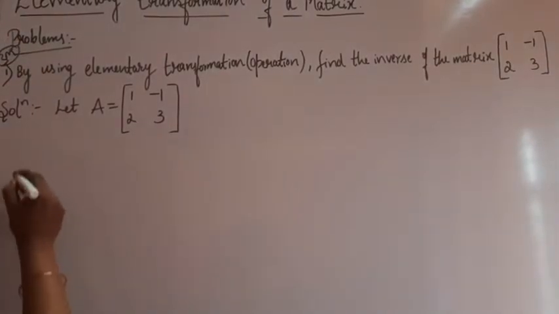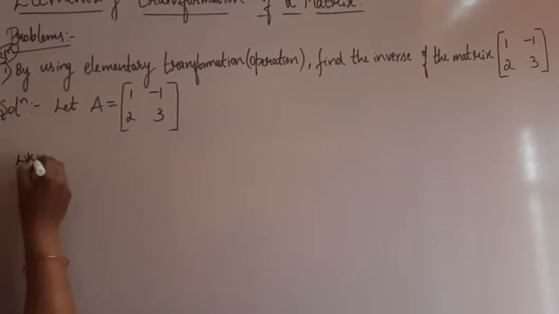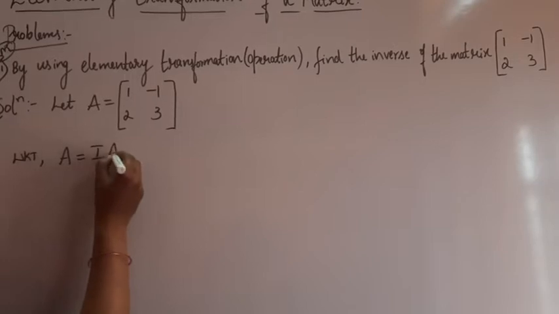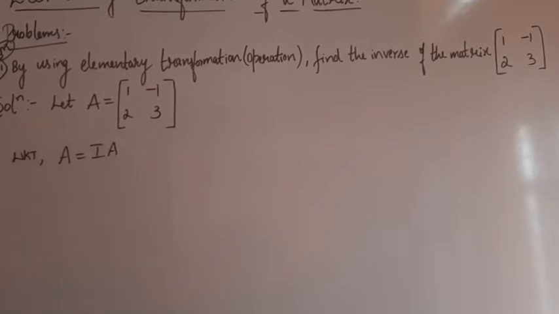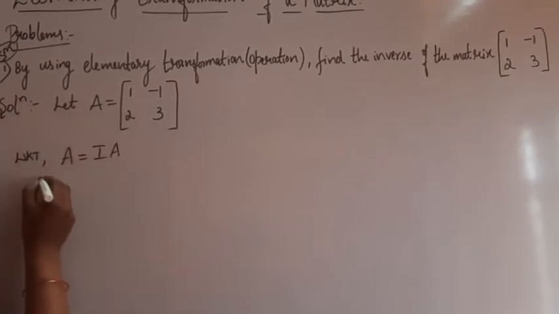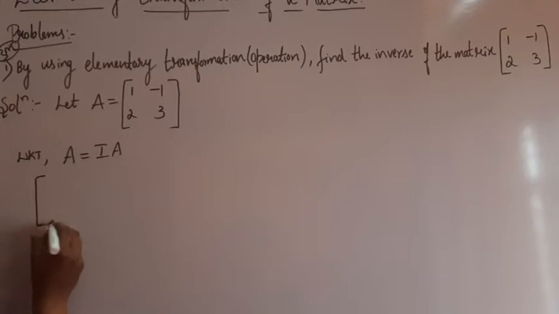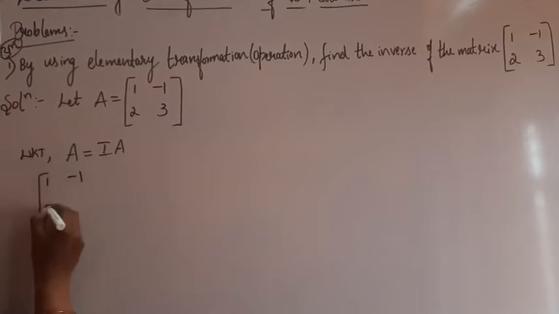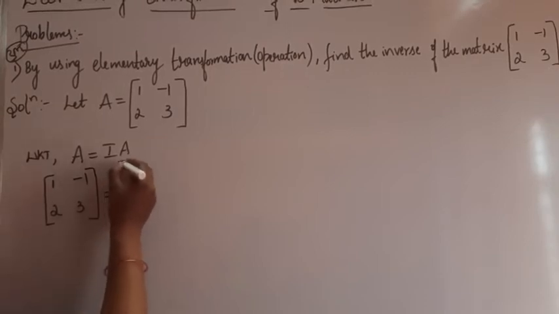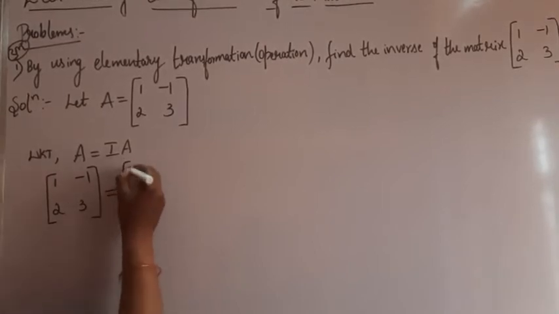Here we know that A equals I into A. I have told this in the second note, right? So we know that A equals I into A. See here, what is matrix A? Replace that one. So matrix A is 1, minus 1, 2, 3, which is equal to I, an identity matrix.